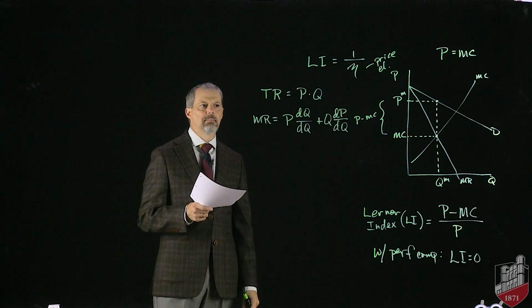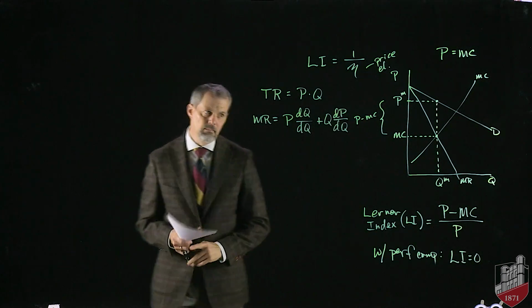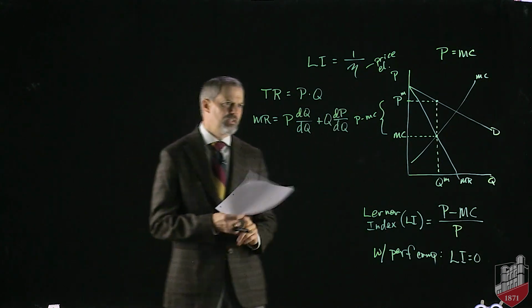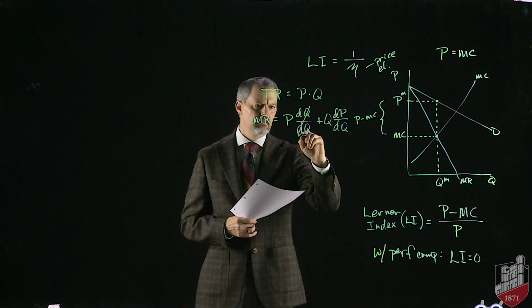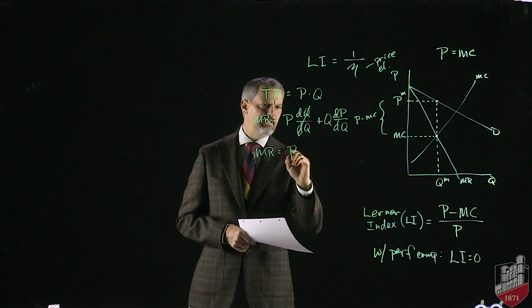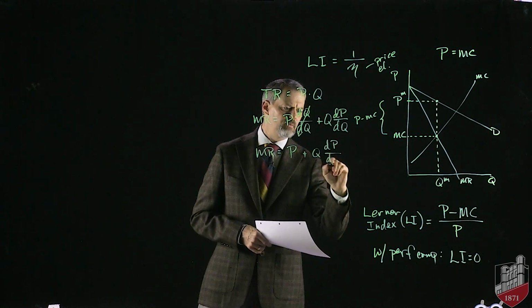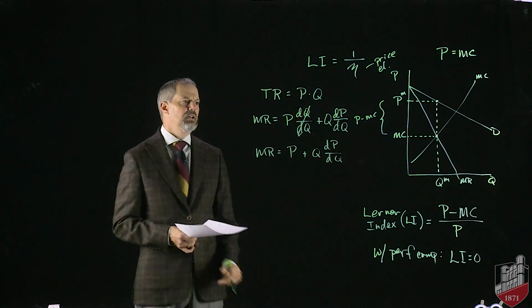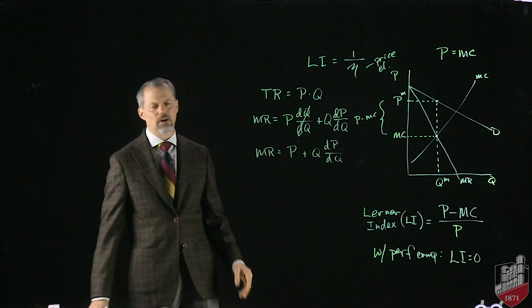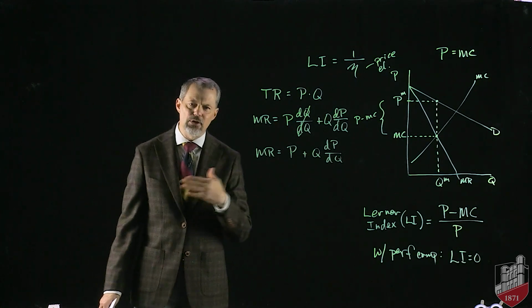So for a perfectly competitive firm, first off, this thing is just 1. So marginal revenue equals price plus Q times dP/dQ. So let's look at that for a second. For a perfectly competitive firm, when the perfectly competitive firm changes its quantity, it has no impact on price.